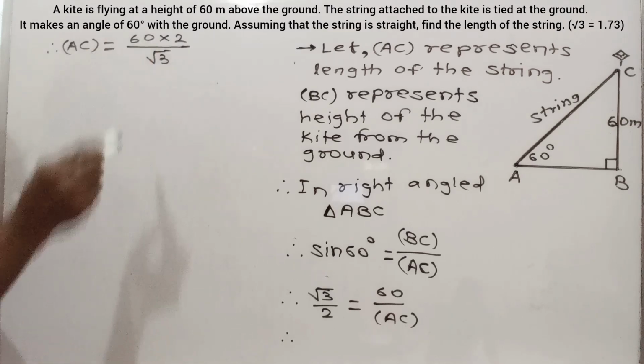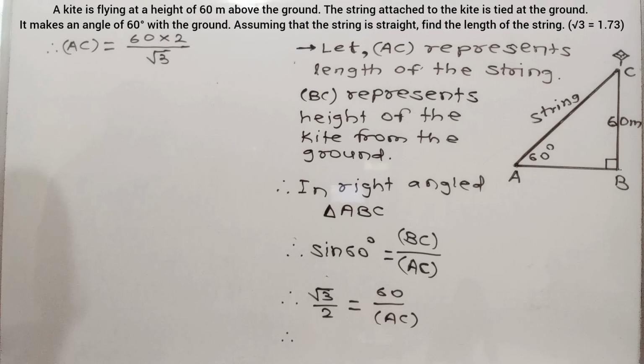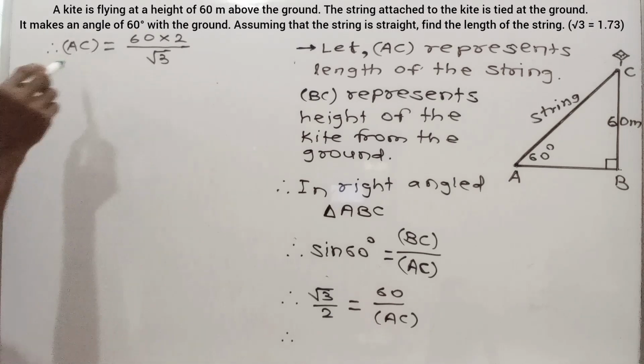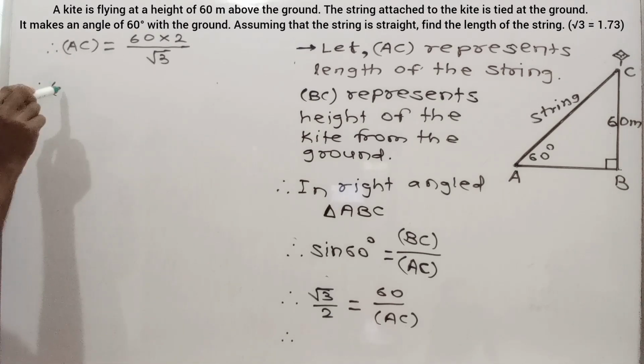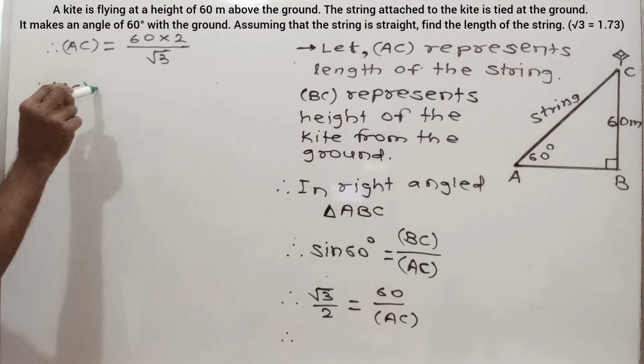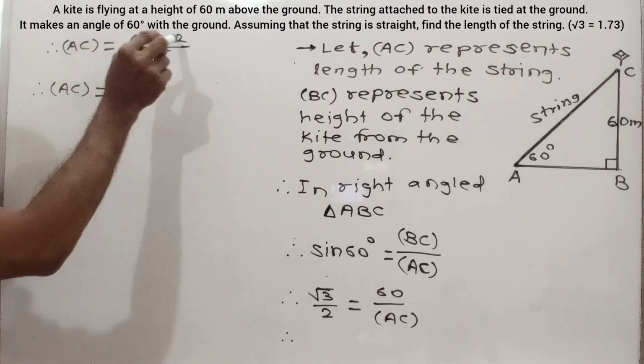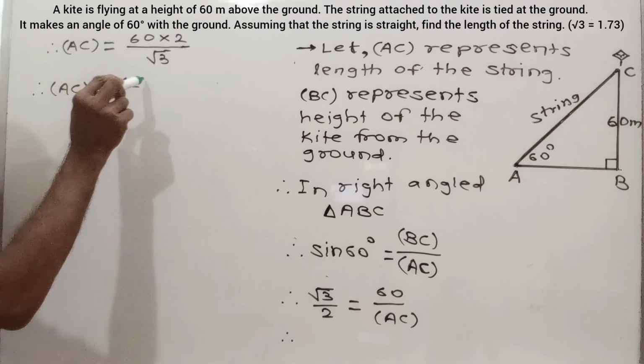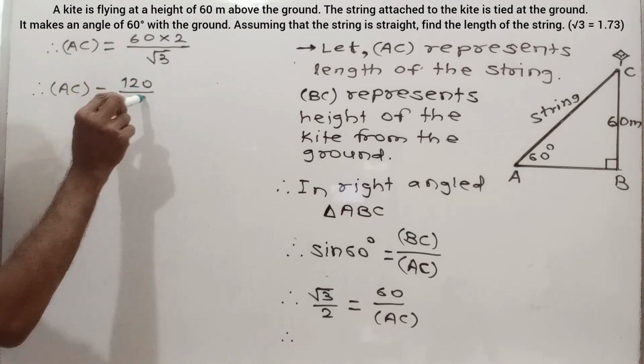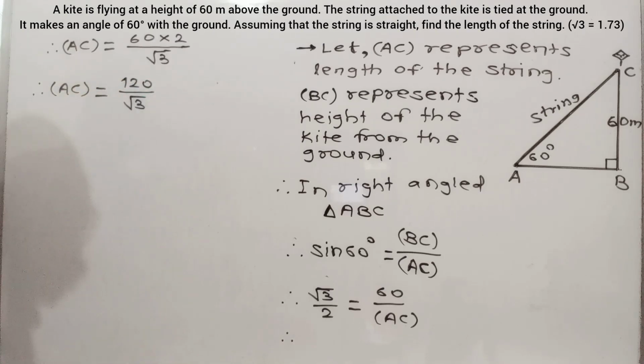Now, here square root of 3 is an irrational number. So, on rationalizing the denominator, AC is equal to 60 into 2, 120 upon square root of 3.